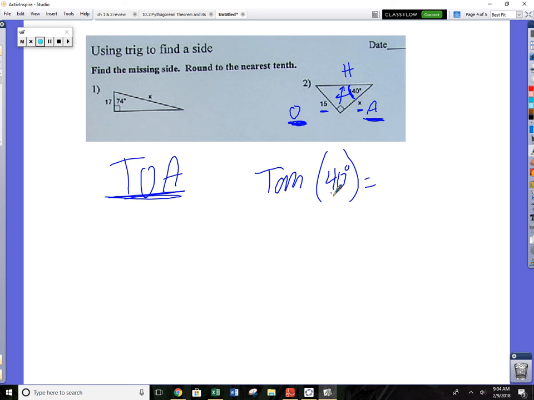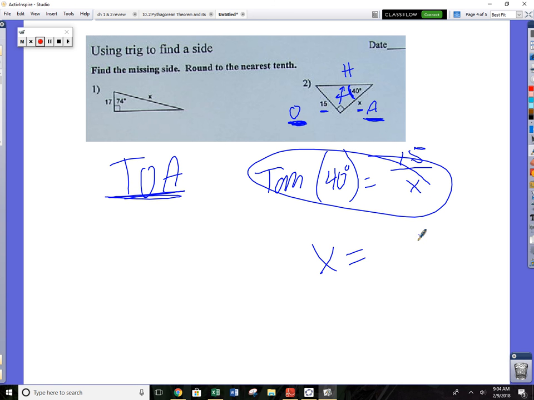And tangent from that 40 degrees is going to equal O over A. And then all you really do is just, if x is on the bottom, you switch these two places. So it's going to be x equals 15 divided by the tangent of 40. And that's all calculator.